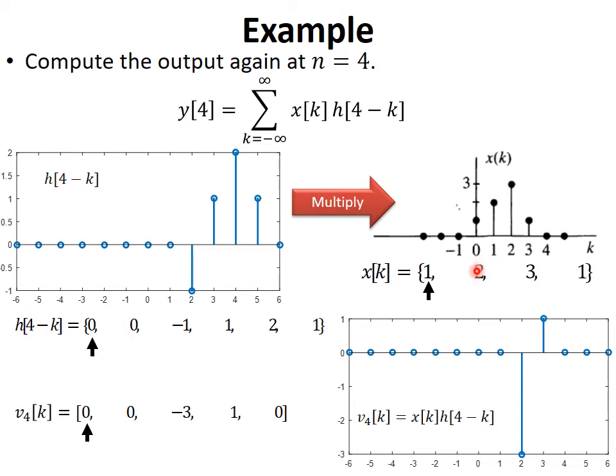Then again this 0 would be multiplied with 2, which is equal to 0 again. -1 would be multiplied with 3, which results in -3, and 1 would be multiplied with 1, which results in 1, and this one would be multiplied with 0, which results in 0. So we get only 2 non-zero samples, which is at k equal to 2 and k equal to 3.